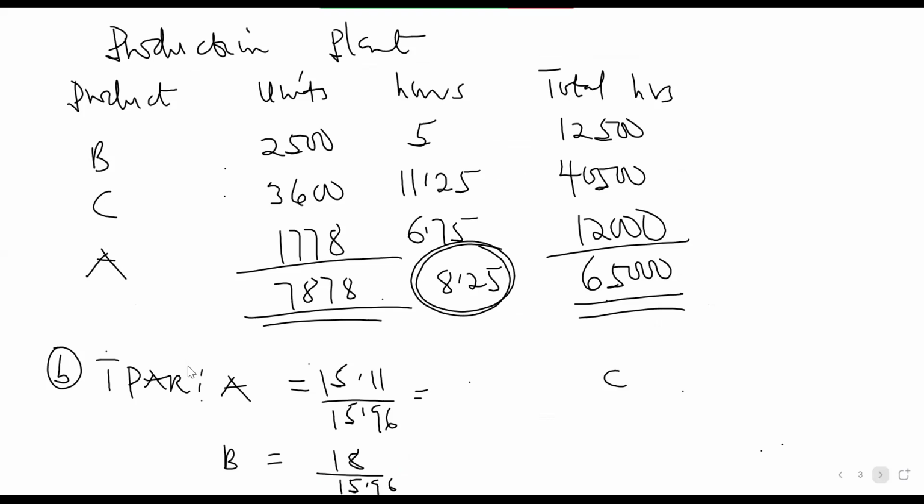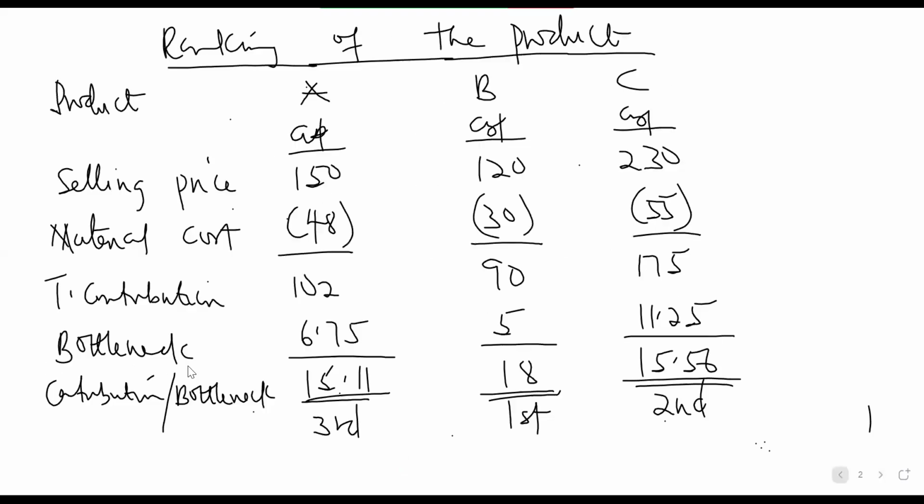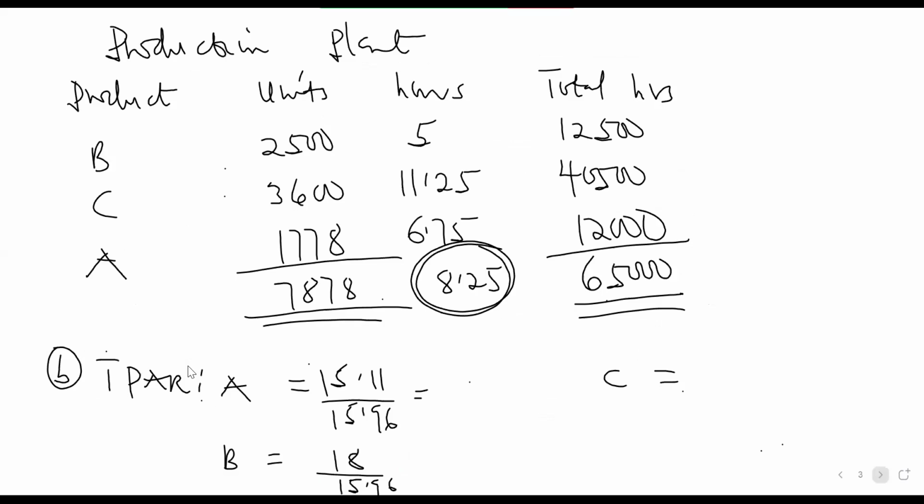Then the C will give us the contribution per the bottleneck, which is 15.56, divided by the factory cost per the bottleneck, which is 15.96.